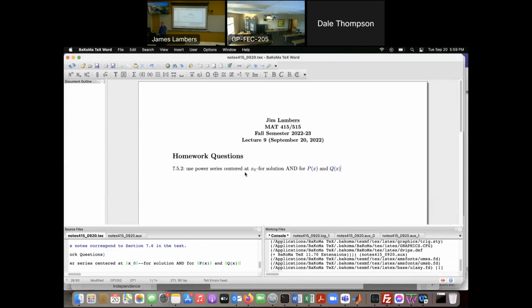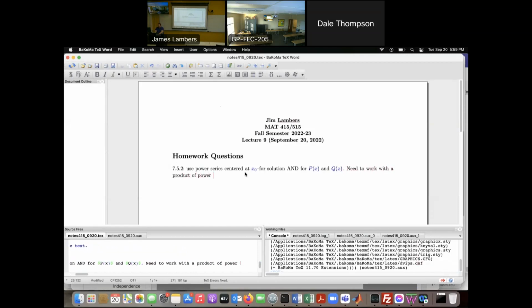So they have a Taylor series expansion as well. And because those coefficients will be defined at x naught, you can just go ahead and expand those around x naught. So what happens is, for example, p of x times y prime, you're now working with a product of power series.